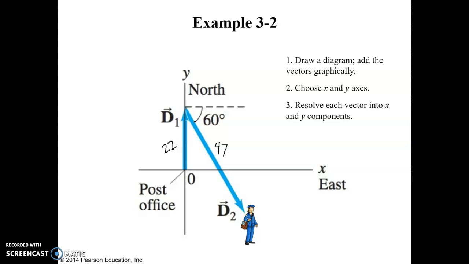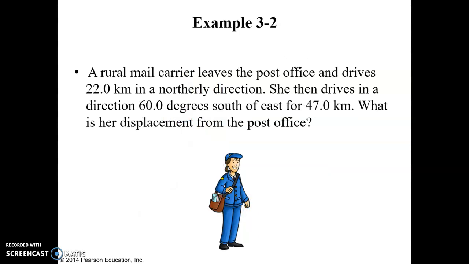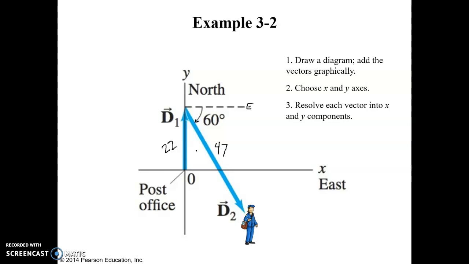So it's 60 degrees south of east. Let's just verify, is that right? 22 and 47. Oh, and they're 22.0 and 47.0. So I should make a note of that. That'll affect our significant figures, 22.0 and 47.0.